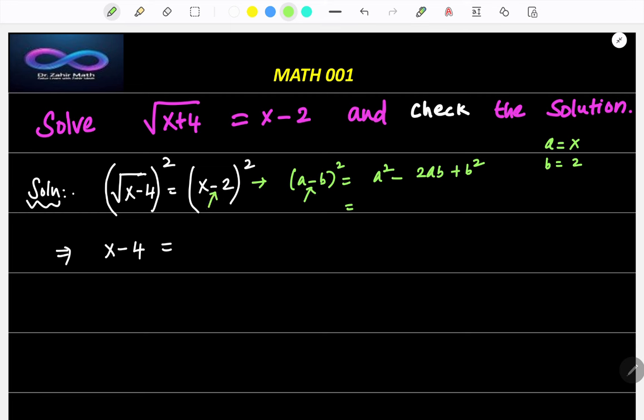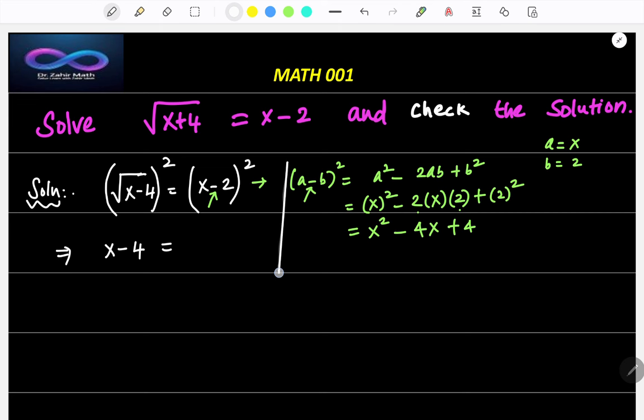So x to the power of 2 minus 2 into a into b plus b to the power of 2. This equals x square minus 2 multiplied by 2, which is 4x, and then plus 4. So this is x square minus 4x plus 4.